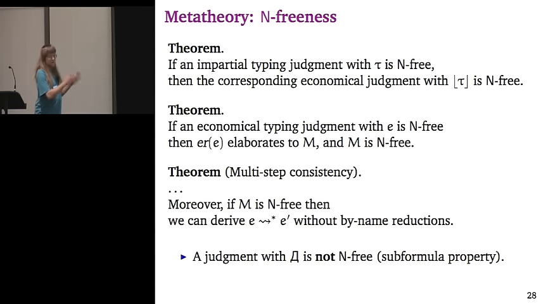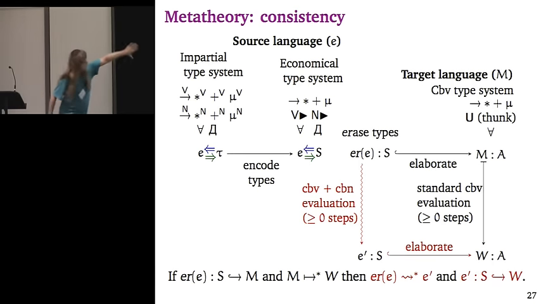Also, here's my call by value bias creeping in, probably. If you start with an impartial typing judgment that doesn't have n's in it, then you get an economical judgment that doesn't have n's in it. And that will give you an m that doesn't have n's. And if you step that, then you don't have any by name reductions in the middle there.